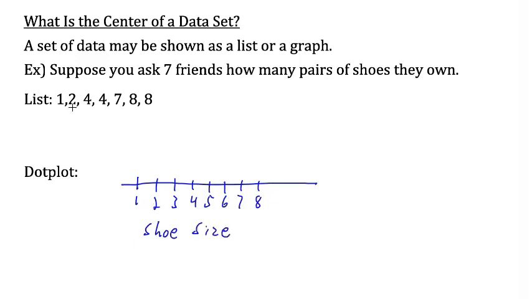For each number in the list, we'll put a dot above the corresponding number. And there is our dot plot. Graphs are a great way to show the distribution of a set of data.